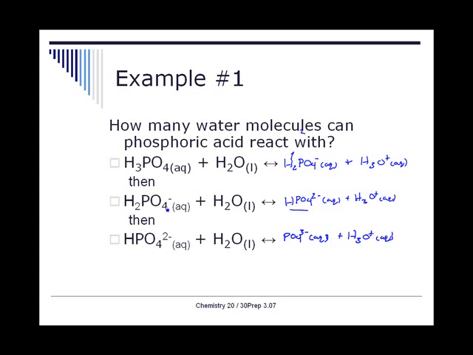And so each molecule of phosphoric acid can react with up to 3 water molecules.